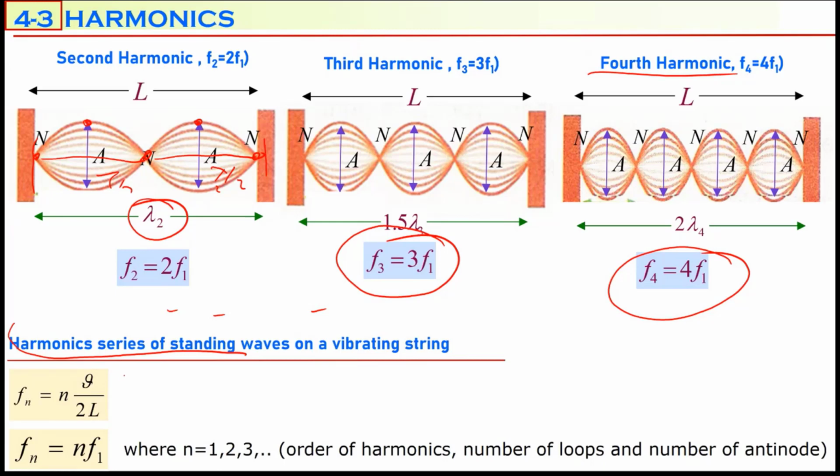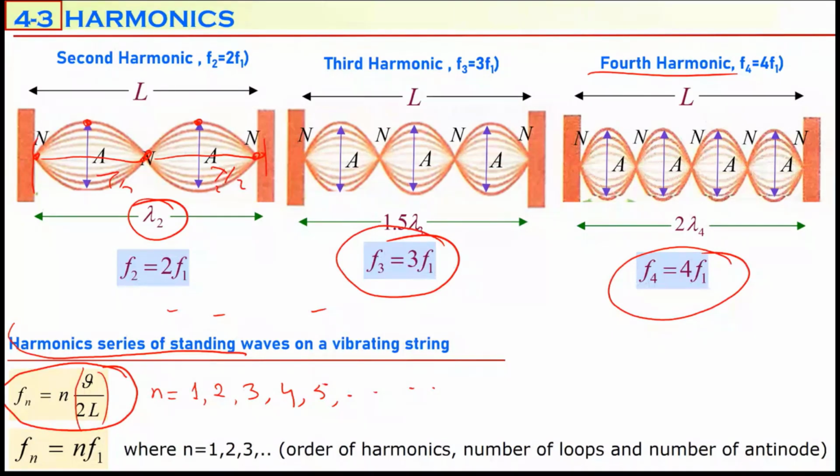That's why your equation, which I in fact showed when I was explaining standing waves, the frequency equation for the harmonic series in a vibrating string, is going to be n multiplied by V divided by 2L, where n is 1 for the first harmonic, 2 for the second harmonic, 3 for the third harmonic, 4 for the fourth harmonic, 5 for the fifth harmonic, and so on.